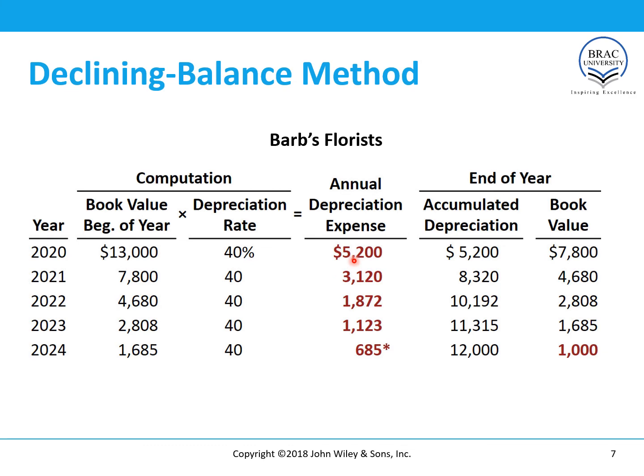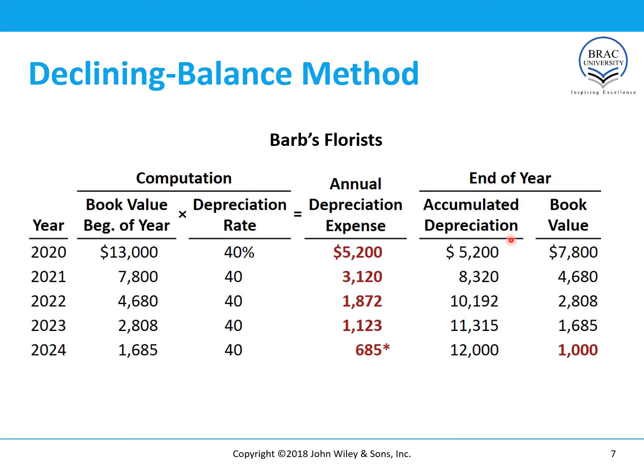The same way we are calculating the accumulated depreciation, and as you can see, for the first year the annual depreciation expense is equal to the accumulated depreciation because there is no previous balance of accumulated depreciation for the year 2020. And in the next year, as you see, we have an accumulated depreciation of 8,320, and it is derived from adding the current year's annual depreciation expense to the previous year's accumulated depreciation, which was 5,200.